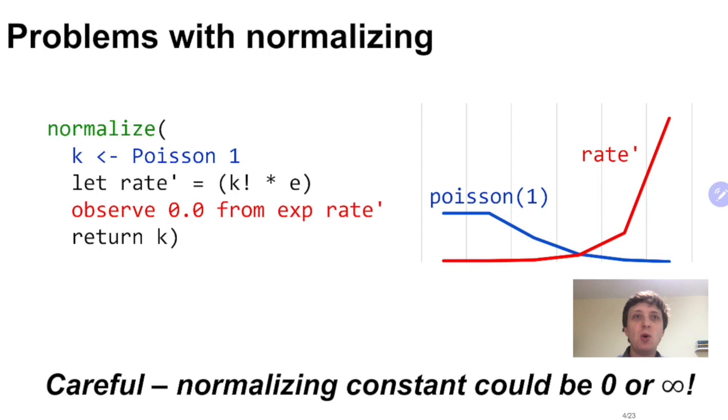In other words, I score my run with that rate. It turns out that rate is the inverse of the density of the Poisson distribution. And so what we have now is that any natural number could come up and the normalizing constant is infinity.